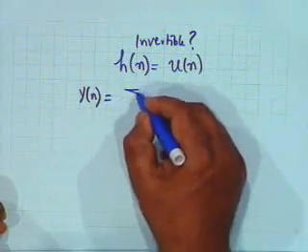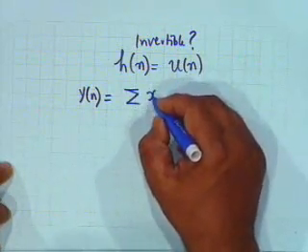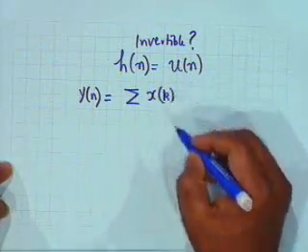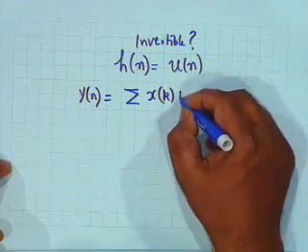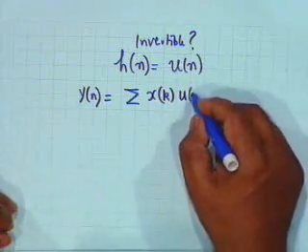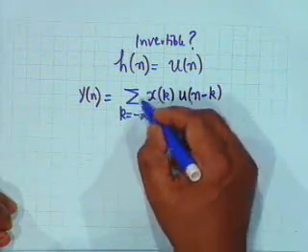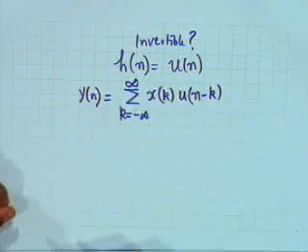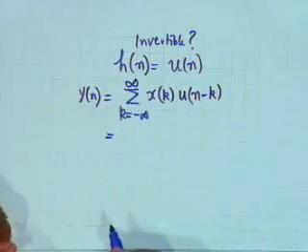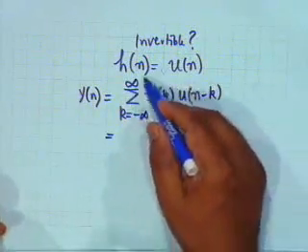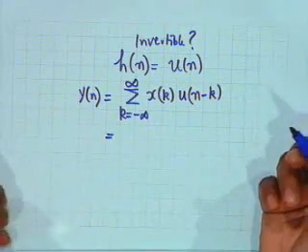Y of n by convolution is given by x of k, an arbitrary input, multiplied by h of n minus k, u of n minus k, where k goes from minus infinity to plus infinity. Alright, this is my convolution relationship, where instead of h of n minus k I have written u of n minus k, because h of n is u of n.